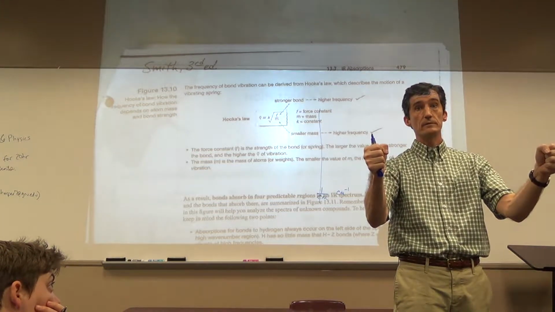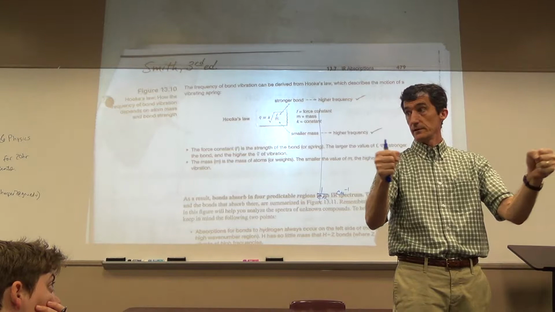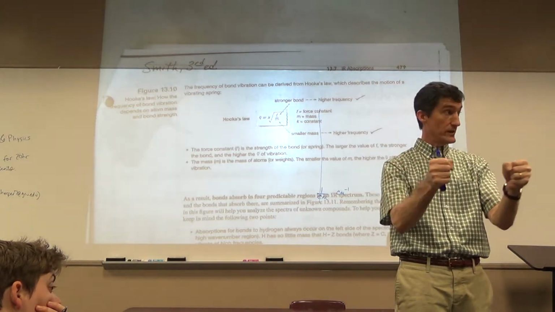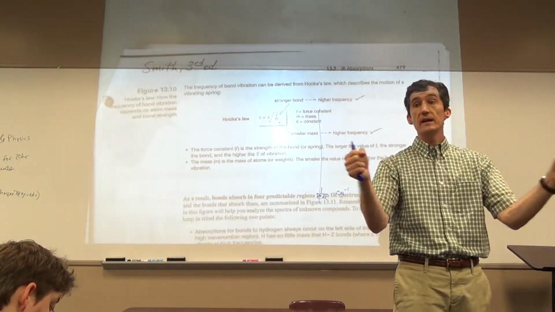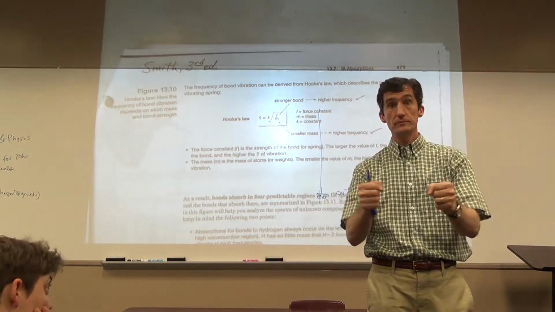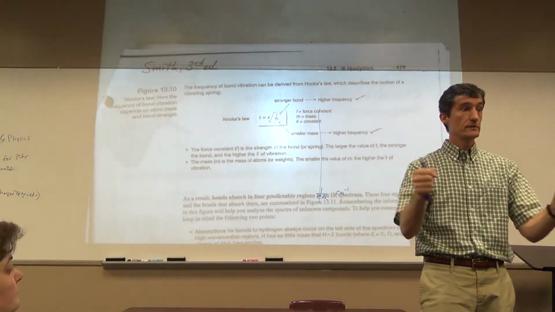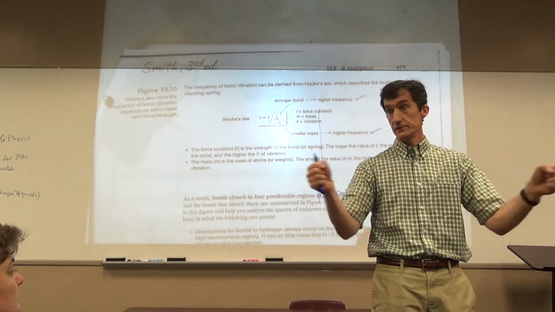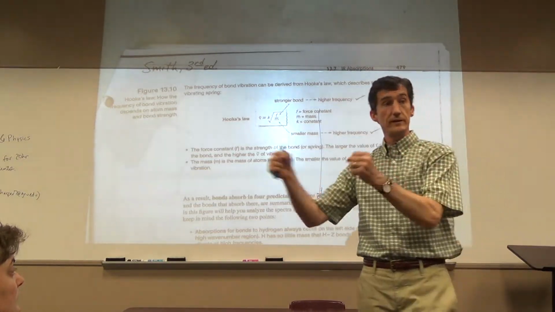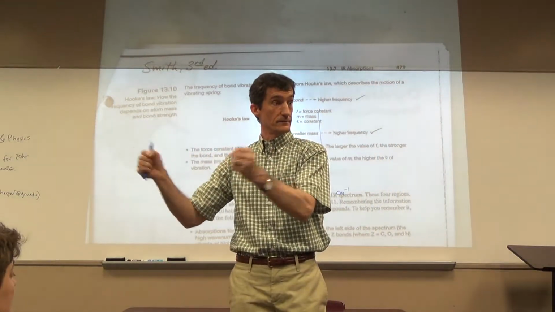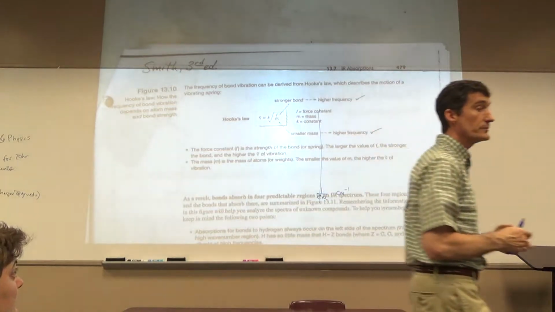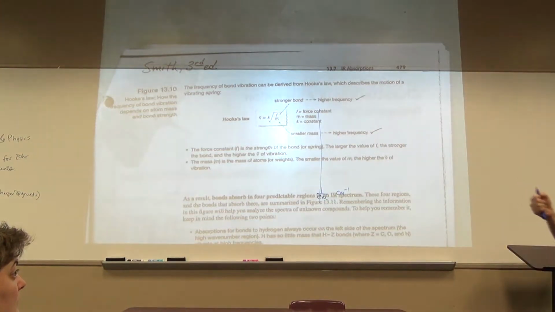It's actually vibrating by stretching in this case. That can be at a frequency. It can vibrate slow, maybe 1 per second, or it can vibrate fast, 3 or 4 per second. Different bonds vibrate or stretch at different frequencies.